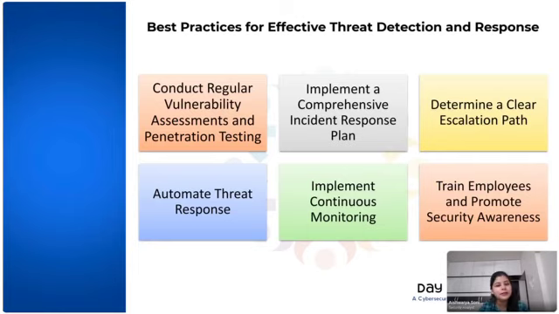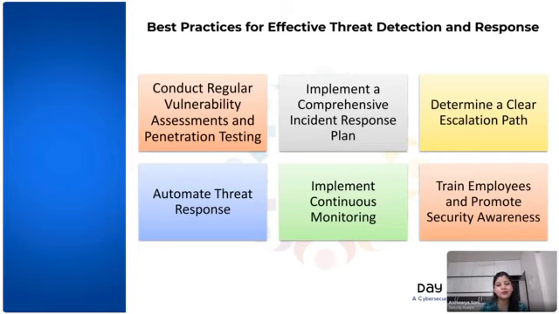Then we have implementing a comprehensive incident response plan. We have seen an incident response plan. Now we want to implement a proper incident response plan, so as to mitigate the incidents and threats properly. Then we have determining a clear escalation path. If there's anything that needs the intervention of some other team, like we have the identity and access management team, we have the firewall team.